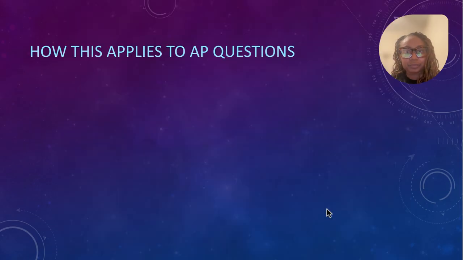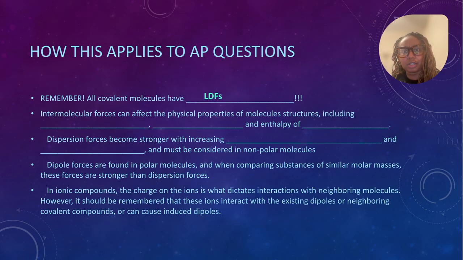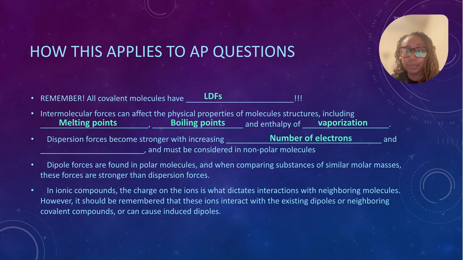All right. So how does this apply to any AP questions that you're going to learn? And when you're answering anything, whether it be multiple choice or FRQ, all covalent molecules have LDFs. Intermolecular forces can affect the physical properties of molecule structures, including melting points, boiling points, and enthalpy of vaporization.